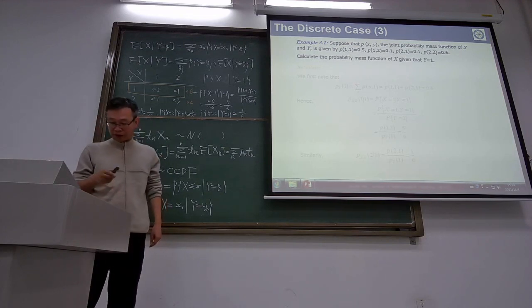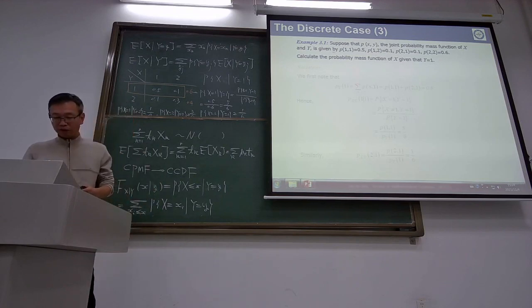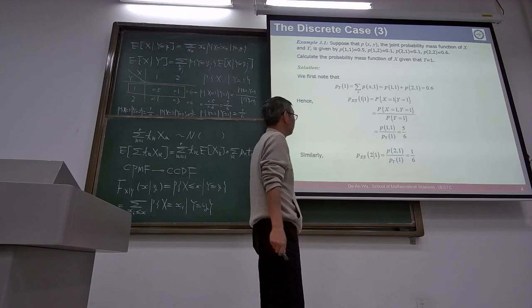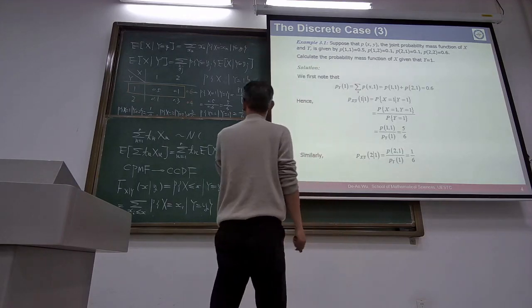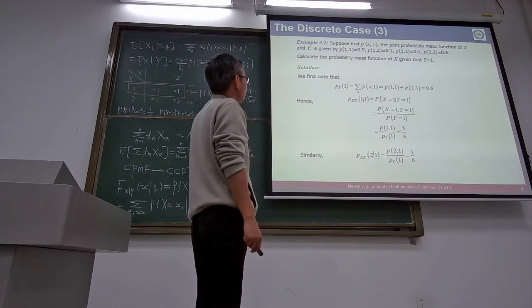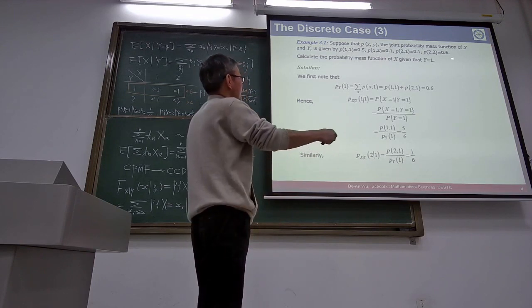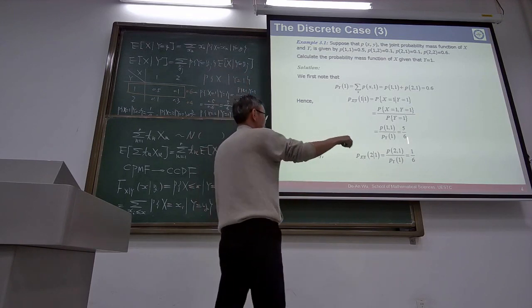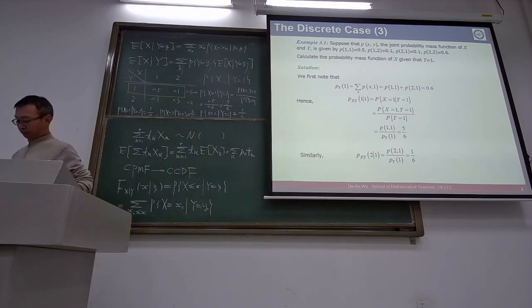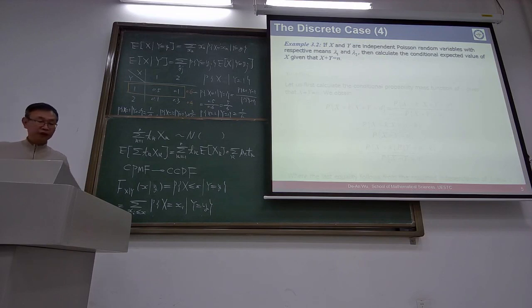This example is just for how to use the joint PMF to find the conditional mass function. The result is right. Okay.